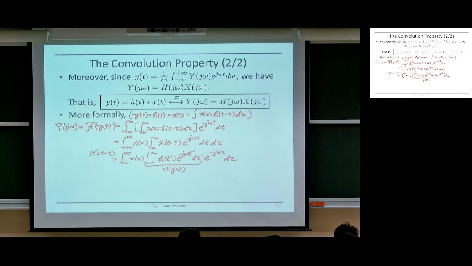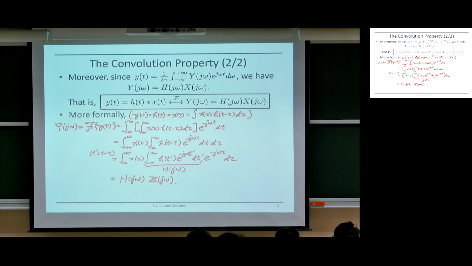So eventually, this gives you h of j omega times x of j omega. So through this derivation, we have officially showed that convolution in the time domain corresponds to multiplication in the frequency domain.